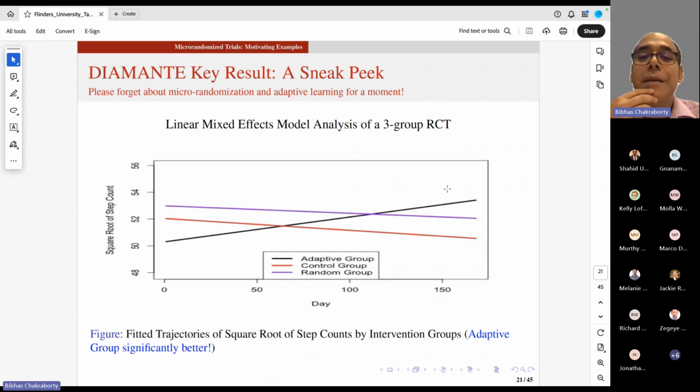So this is the benefit of adaptive randomization, where people are getting the messages that might work for them, that they might like and act on. So this is the overall picture: the adaptive group is, I'm not showing the p-values and all here, but it is actually significantly better.